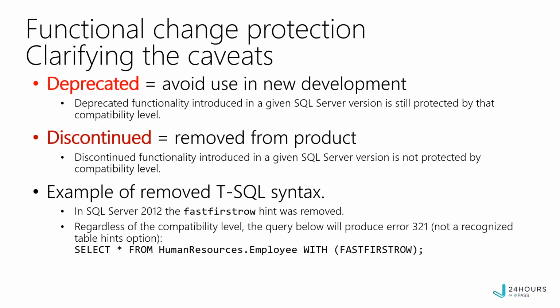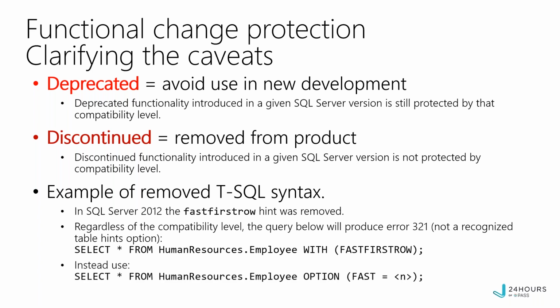You'll get error 321. So you'll instead need to refactor the query to work with this hint, fast equals integer. And this is a direct replacement for a discontinued syntax. And this is something you will need to take care of before you move to a higher version.